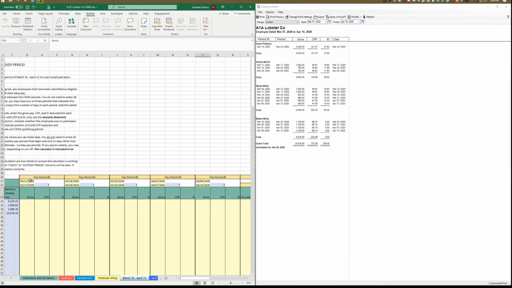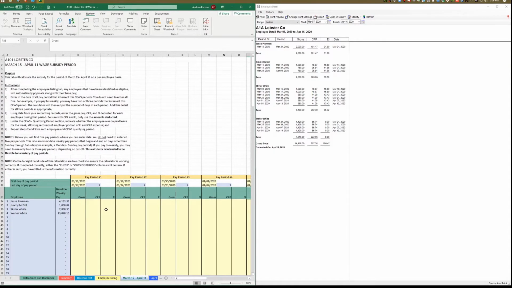This one begins March 11th, and then same thing on the closing side. This one ends on April 14th, but the actual subsidy period ends on the 11th. So this calculator is going to prorate all of that to help us get to our conclusion. So now it's just a simple data entry.